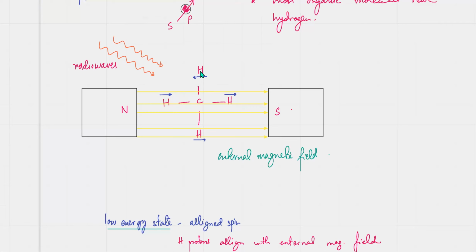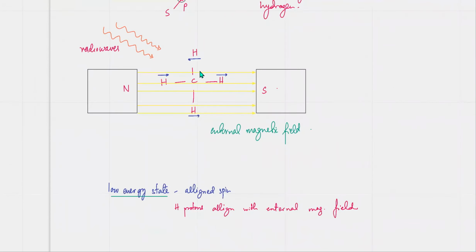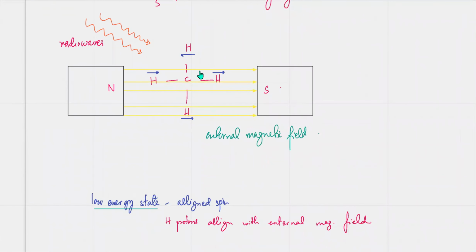Just like a compass needle, if you want to make it point in the wrong direction, you would have to do it forcefully. It needs to be energetic. You would be the one providing the energy. So that is known as the high energy state. The high energy state is known as opposing spin.